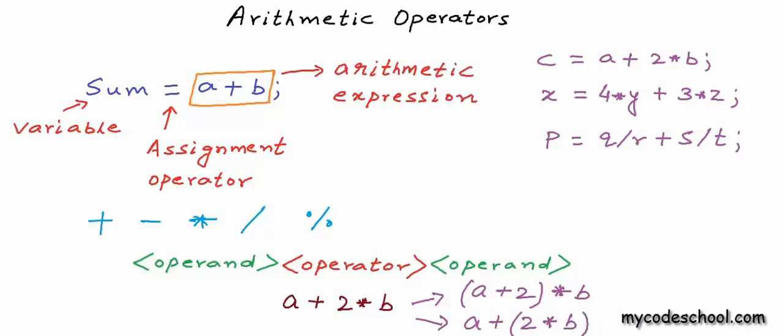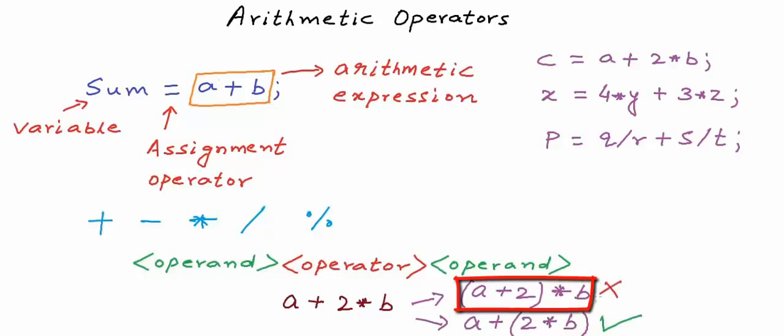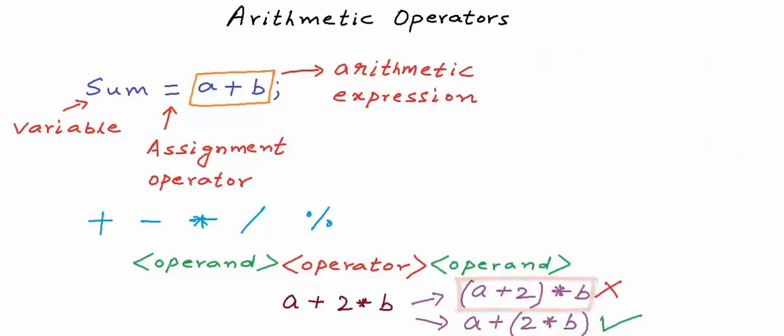If you remember your high school mathematics, the precedence or priority of multiplication and division operations is higher than that of addition and subtraction, and so in this expression multiplication will be performed first. So this is the correct interpretation and this is incorrect. In a complex expression, operator precedence is applied to decide the order of operations.